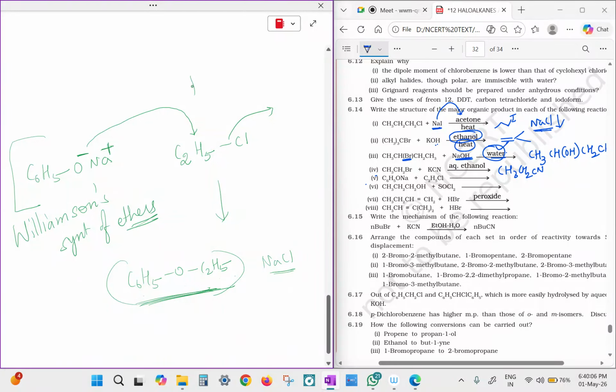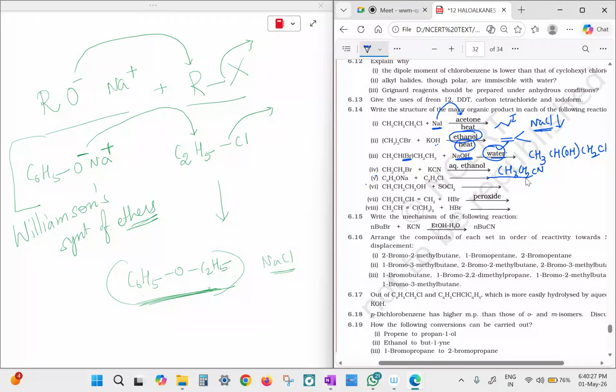One of the reactants will be alkyl halide. The other one will be RO minus Na plus. So the O minus acts as a nucleophile and replaces the halogen. Is it okay? So this is that reaction. The name is not at all required.